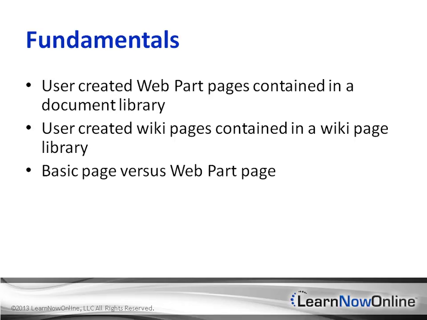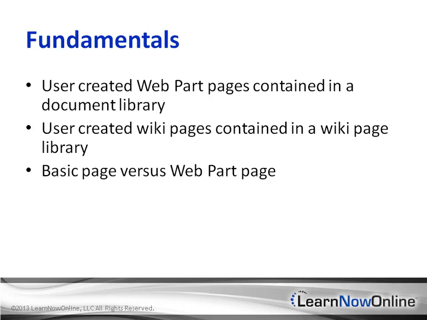So when users go to create new pages in a SharePoint team site, you'll be presented with a dialog to create either a page or a web part page. The page is a wiki page, and it's what SharePoint creates if you select new page from the site actions or from the new menu of the document library.